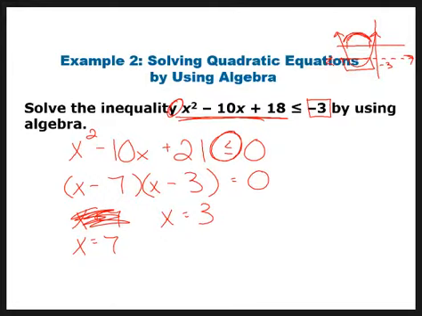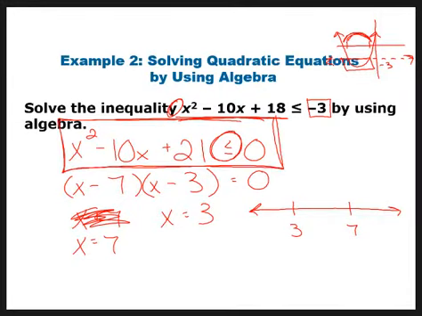So what I'm going to do is make a number line, and put those critical values that I just found on the number line. Now I'm going to go back to the part that I set equal to 0. In here it says we want all the x values that are going to be less than or equal to 0.